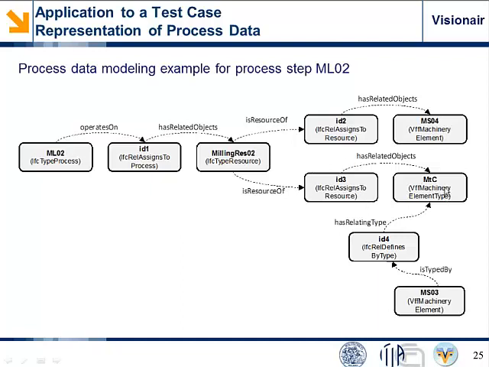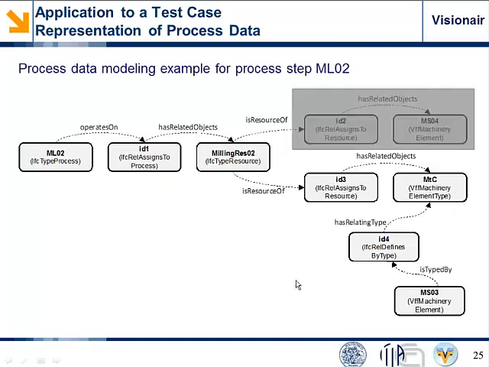If I use the second way of expressing these relations, it means that every time I have a machine of that type, automatically that machine is able to execute that kind of process step. We will use the second way of expressing the link between the machines and the processes, because it's much more general and it provides me a way of easily interacting with the design of a manufacturing system.